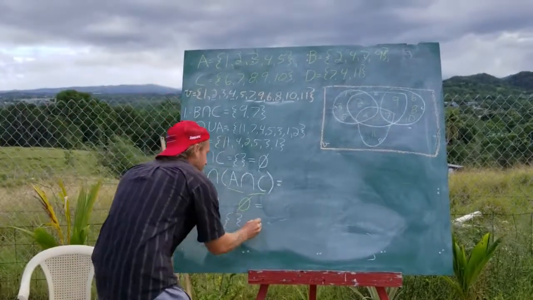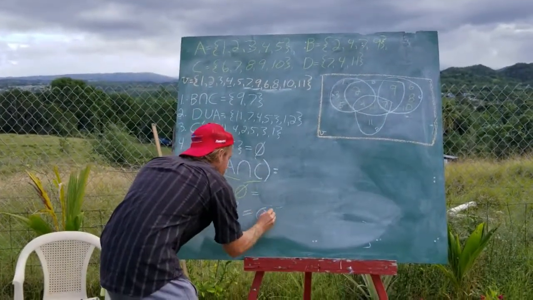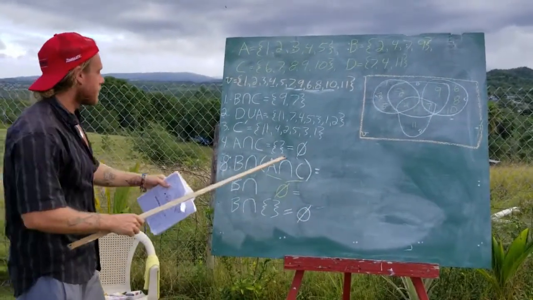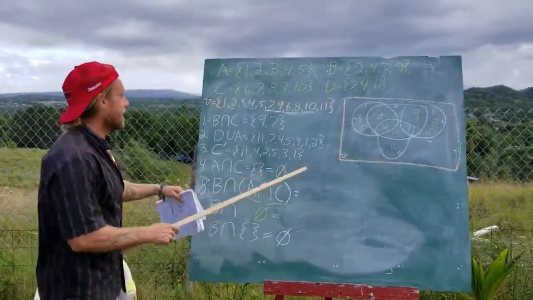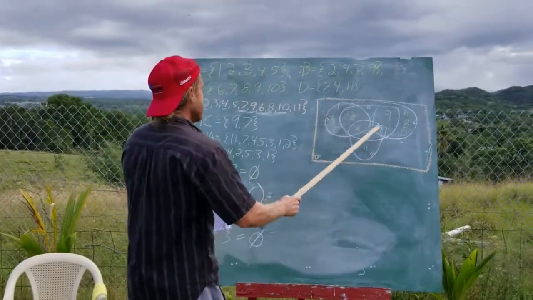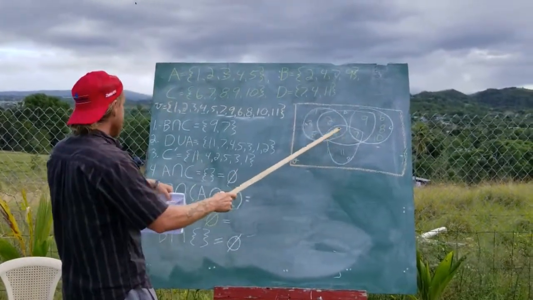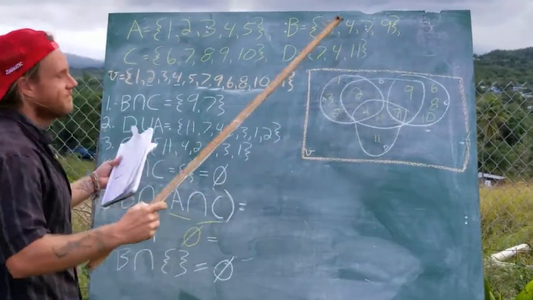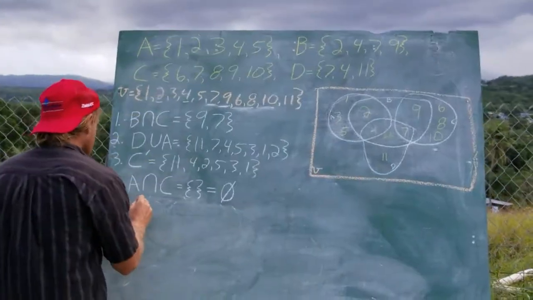So the answer is the empty set. Now let's look at our picture. We're looking for the intersection of A and C. We noted there are no elements in common. Any elements in common with that with B? Nothing.